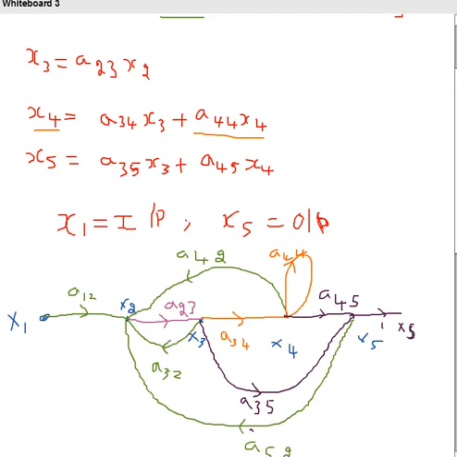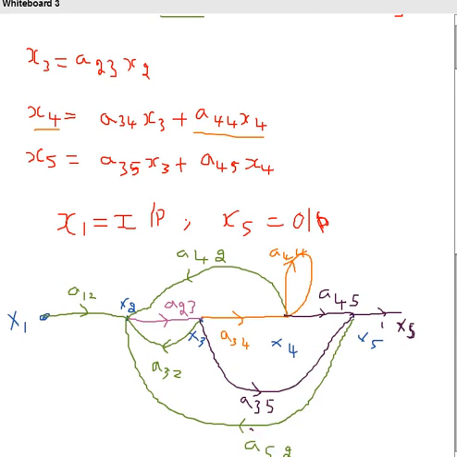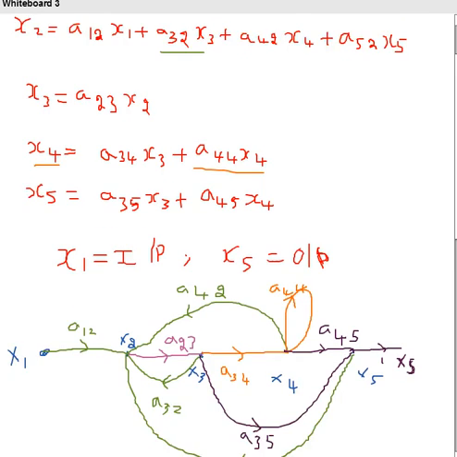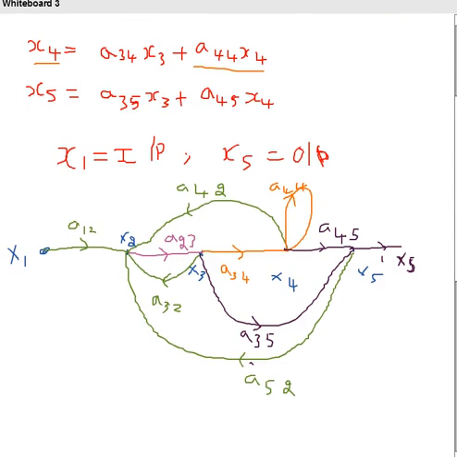For our clarity purpose I am writing like this. So this is the signal flow graph. The system is described by a set of equations, and from the equations I just constructed the signal flow graph. Now we will see how to find the transfer function for a signal flow graph.